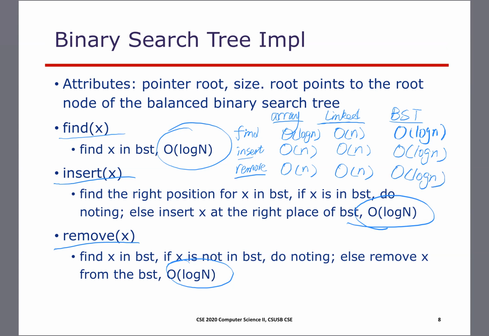So we know that big O log n is better than big O n, because log n increases slower than n when n increases.